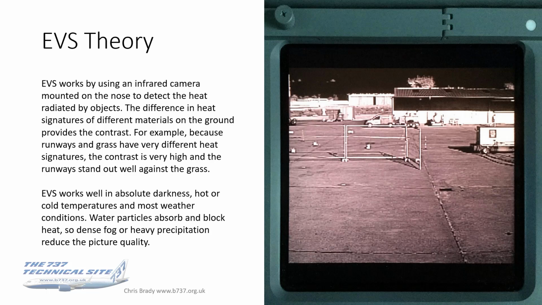Now that is what the EVS is looking for. It's looking for this re-radiated heat off objects. And the contrast in that re-radiated heat is what you see on the display. So if you look at this picture, the buildings, the concrete, the van, the fence, they're made of hard things.